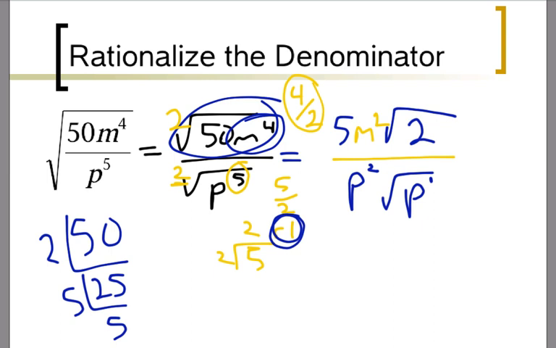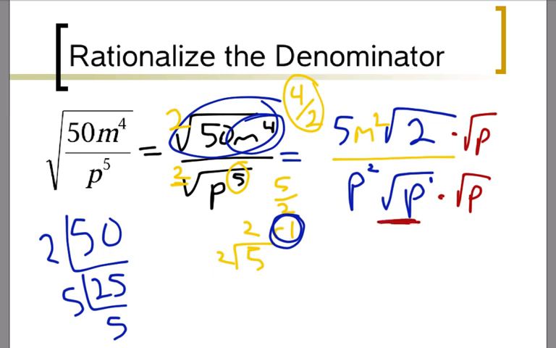Okay, so now to move forward after you simplified, I need to just multiply the top and the bottom by the square root of p. What I'm trying to do is get rid of the square root there.